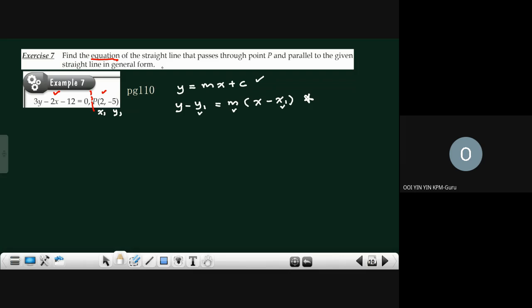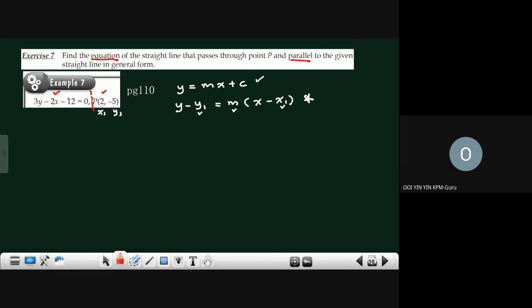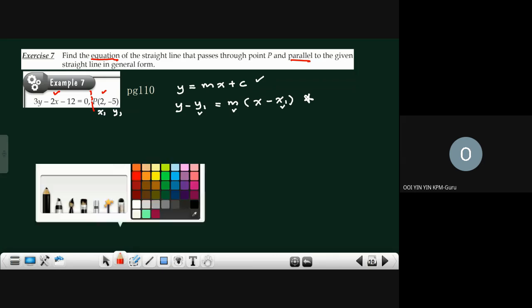To find the m, we must look at the first equation given here, because they say parallel to the equation. So we can find our gradient from this equation.